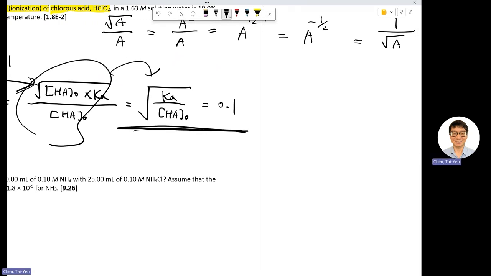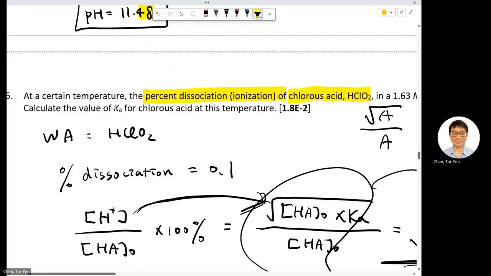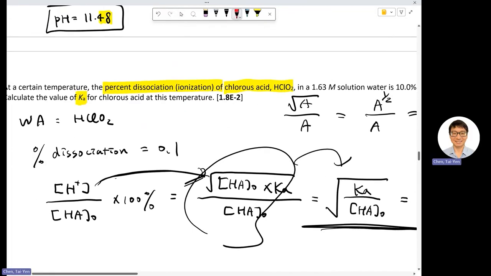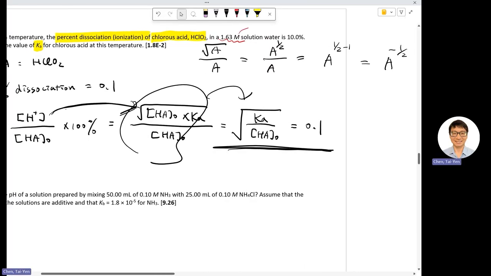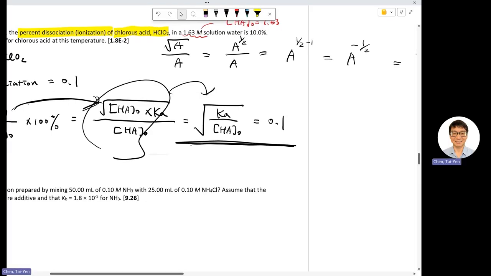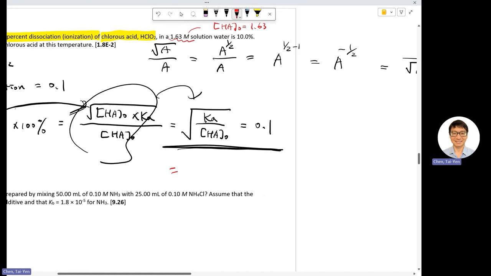Okay. So what is this question asking for? You want to calculate Ka, but it tells you the concentration of your weak acid is 1.63. So what you do is just plug in. This can be written as the square root of Ka over 1.63 equals 0.1.